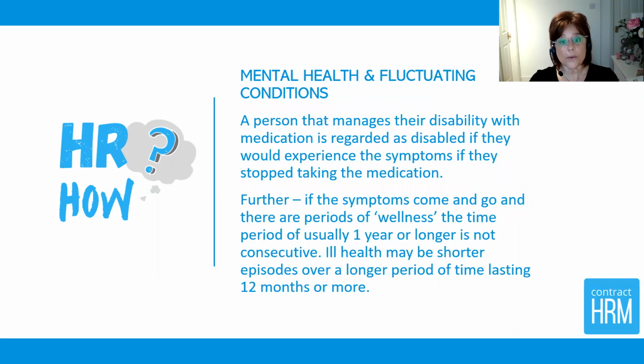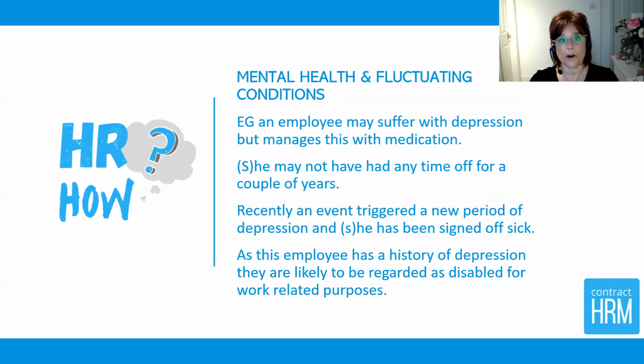So when it's a fluctuating condition, ill health may be shorter episodes over a longer period of time, lasting 12 months or more. For example, an employee may suffer with depression. They might manage their depression with medication. He or she may not have had any time off for a couple of years, so ordinarily that wouldn't count as long term.